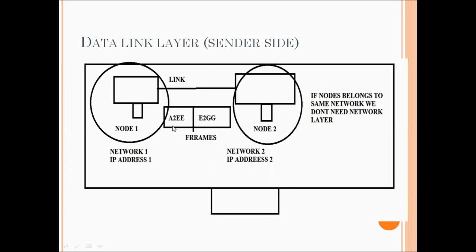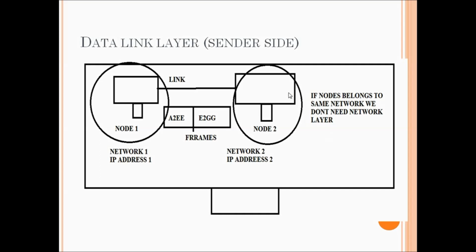Next, the data link layer. You can see this node is in network 1, this node is in network 2, and this IP address is different from that IP address. Suppose the nodes belong to the same network, then we don't need the network layer here. For example, my system is located in India and my friend's system is located in USA, so my network is different, his network is different.